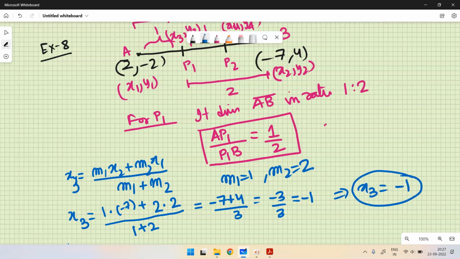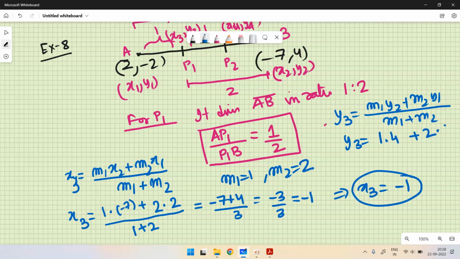Now similarly you can calculate y3. y3 is equal to m1 y2 plus m2 y1 by m1 plus m2. m1 is given as 1, m2 is 2. y2 is 4 and y1 is minus 2, by m1 plus m2, which is 1 plus 2.